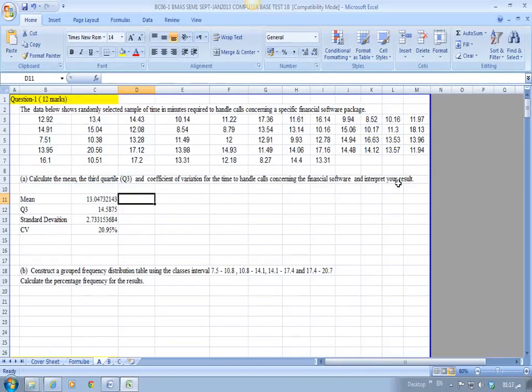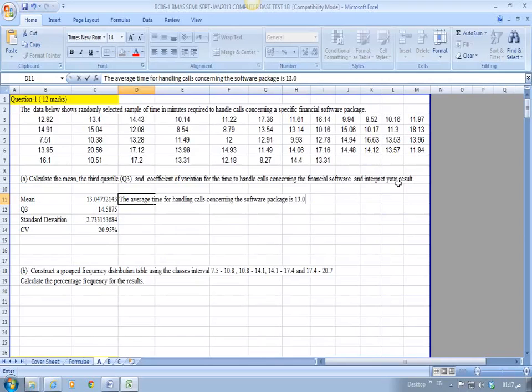So here the mean, we normally say the average, so the average time for handling calls concerning the software package is 13.07 minutes.